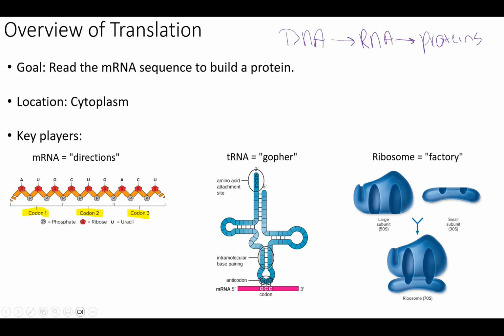And so the process of using DNA to make RNA was transcription. And then the process of using that RNA to build the proteins, what we're talking about now, is translation. Okay. So remember, we've got our messenger RNA, our transfer RNA, and the ribosome.